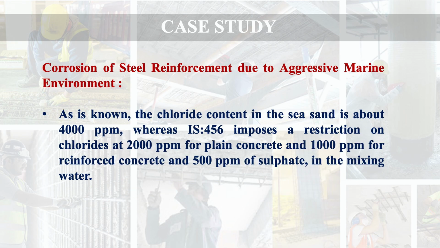As you know, the chloride content in the sea sand is about 4000 ppm, which is very high, whereas IS 456 imposes a restriction on chlorides at 2000 ppm for plain concrete and 1000 ppm for reinforced concrete, and 500 ppm of sulfate in the mixing water.